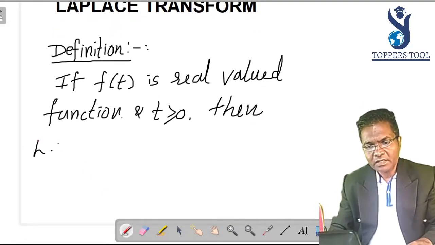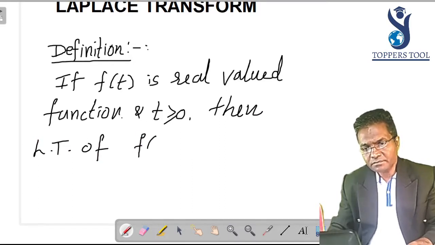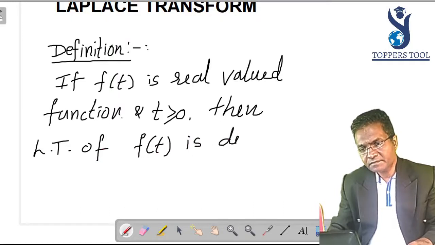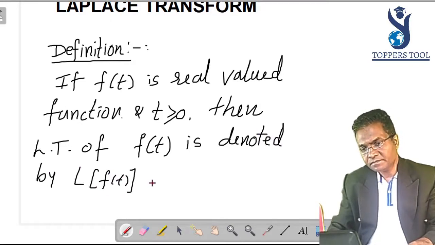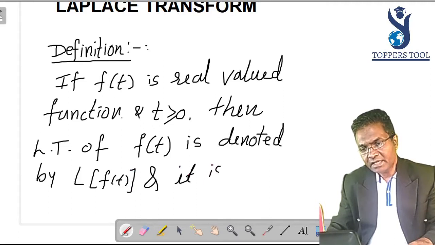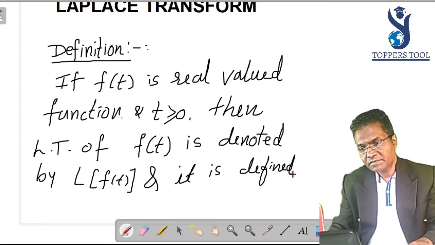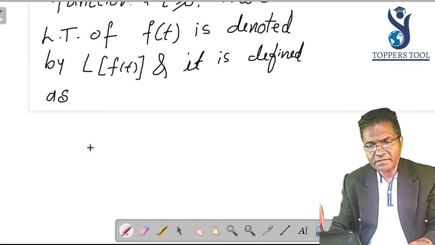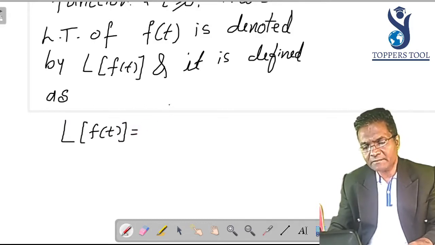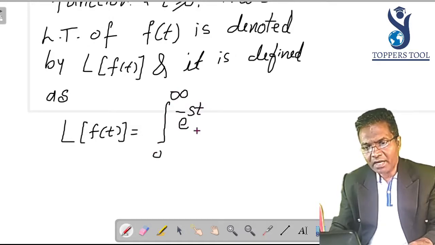Then the Laplace transform of f of t is denoted by L of f of t, and it is defined as L of f of t equals, basically it is an integral operator, a definite integral, integration from 0 to infinity of e power minus st f of t dt.